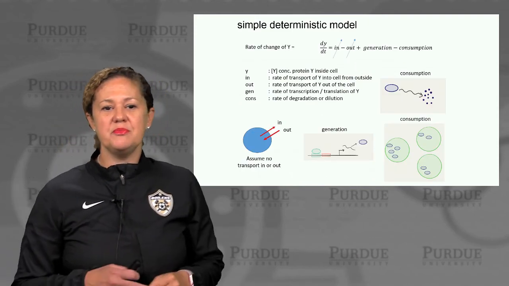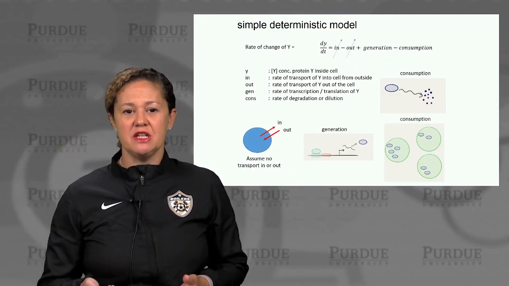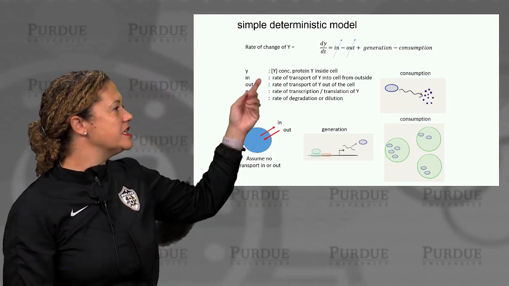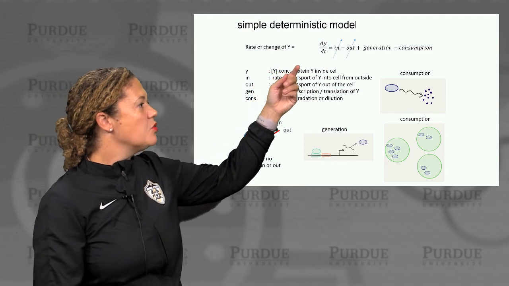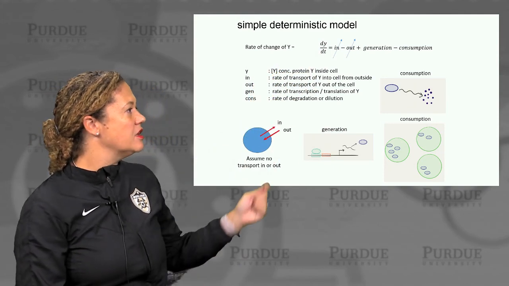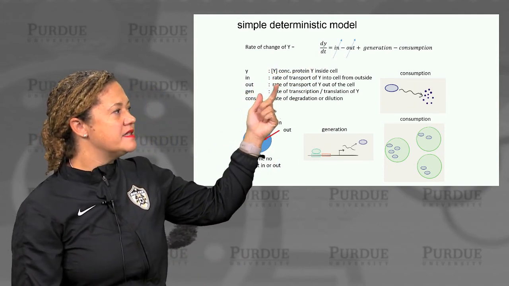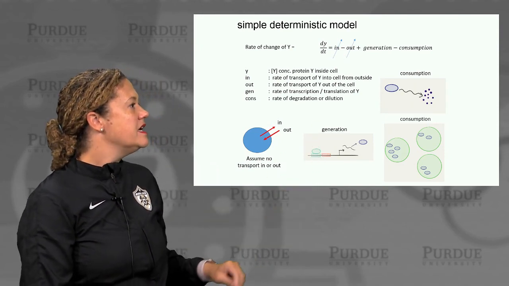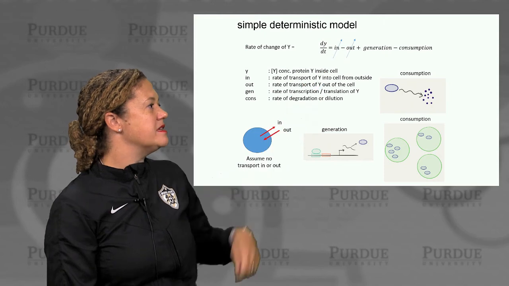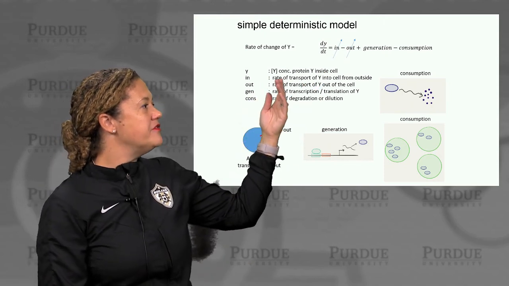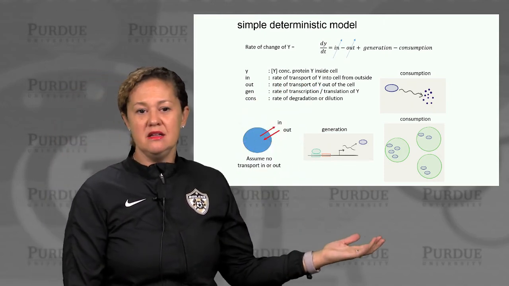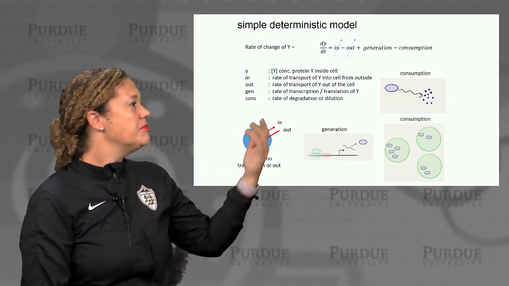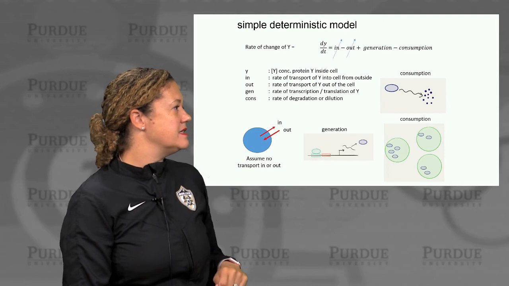So let's look at a simple deterministic model of gene expression. Just simply based on mass balance, if we look at the rate of change of Y, represented by dy/dt here, where little y is our concentration of protein Y, the gene product, inside the cell, then the rate of that change is going to be a sum of the rate of any transport of Y into the cell minus any transport of Y out of the cell, plus generation minus consumption.